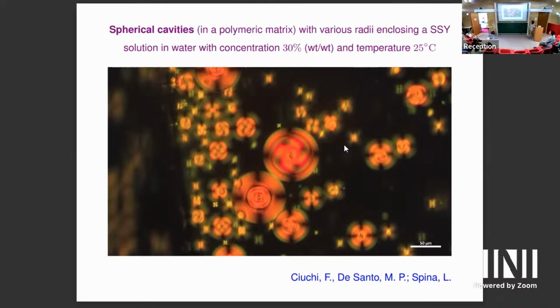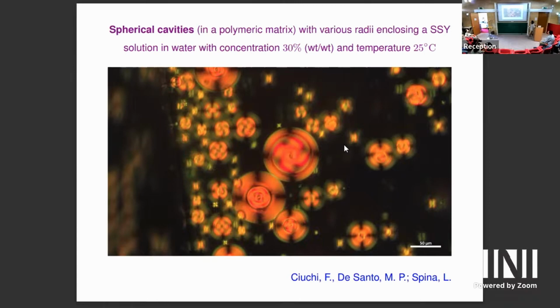These are produced in a polymeric matrix. Examples of these spherical cavities are in this figure, and they are produced for us by Ciuchi, De Santo and Spina. They include a sunset yellow solution in water with a concentration of 30% at room temperature.